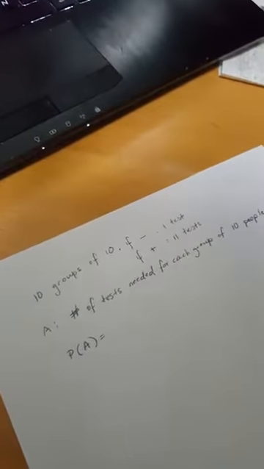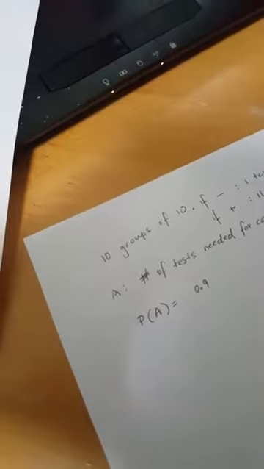Now we know that the probability of one person having the disease is 0.1. If we are evaluating a group of 10 people, then for only 1 test to be needed, all of them need to be negative.